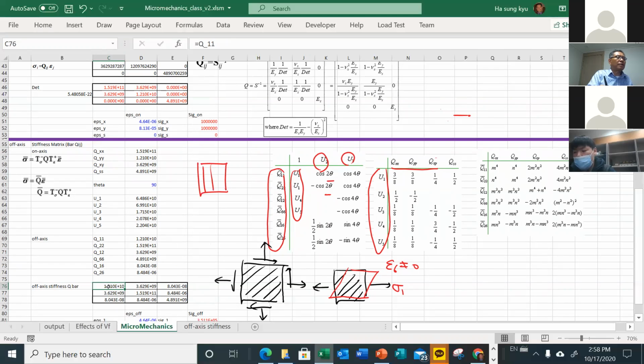So 90 degree rotations, this one and that one. So this one will be Q, sigma 1 and sigma 2. So this 90 degree material property, which is this one, will be the same as the on axis, right?